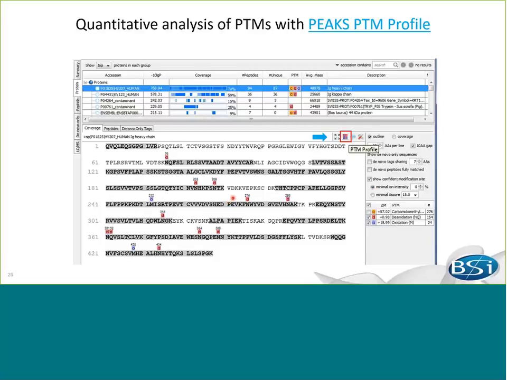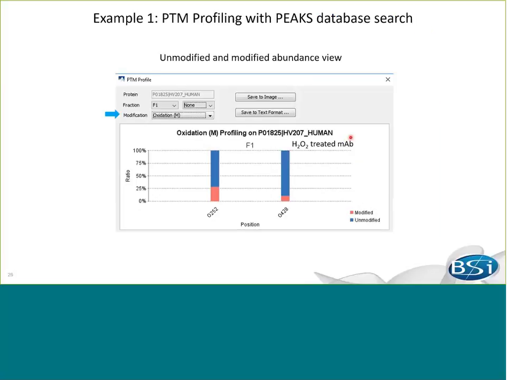You can find this PTM profile button on top of the protein coverage window. By clicking this button, a PTM profile window will pop up, showing the percentage of summed, modified, and unmodified peptide feature abundance, the sequence of which contains the specific modification sites as listed on the x-axis.